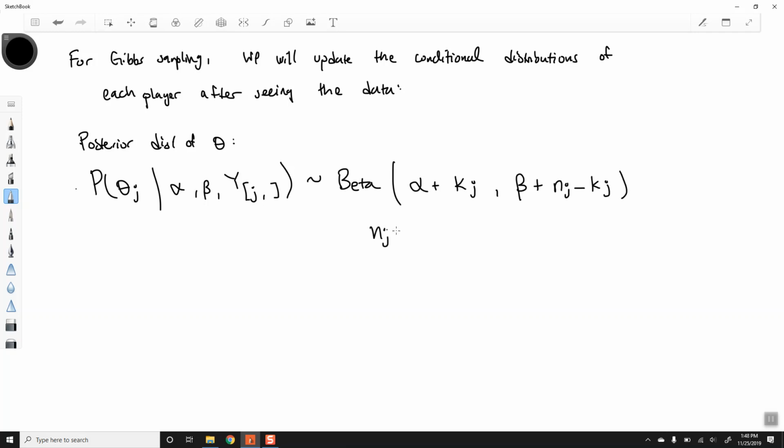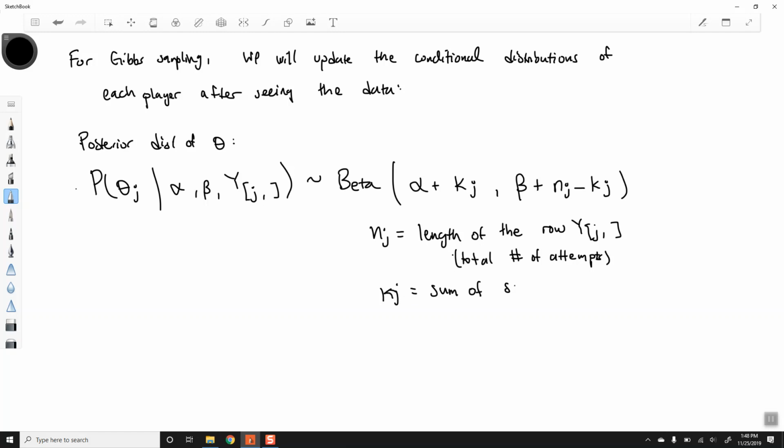Where n sub j is the length of the row y sub j, so the total number of attempts. And k sub j is equal to the sum of the successes, how many hits the player got.